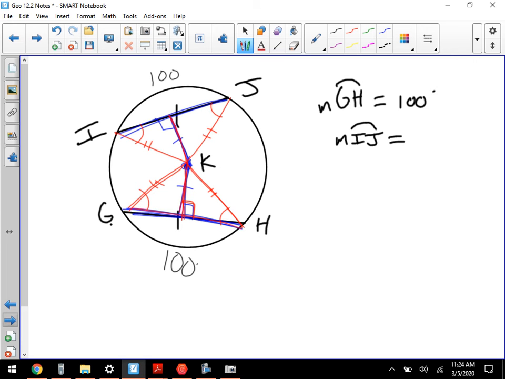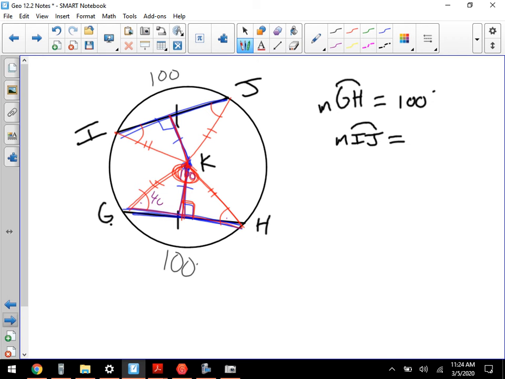Now, what would this central angle have to equal? 100. Because the angle here is 100, isn't it? We okay with that? Now, if this whole angle is 100, oops, sorry, I'm going to change that up here. If this whole thing is 100, what do these two base angles have to be? 40s. They both have to be 40.